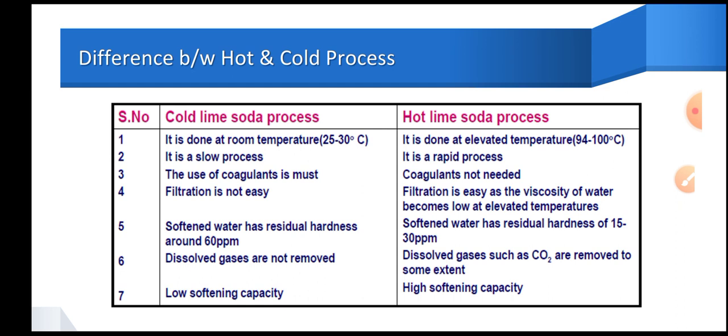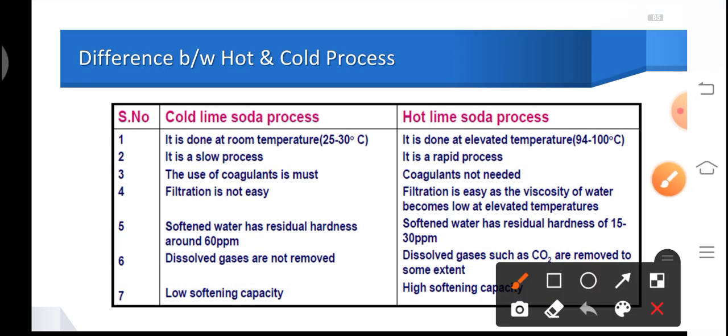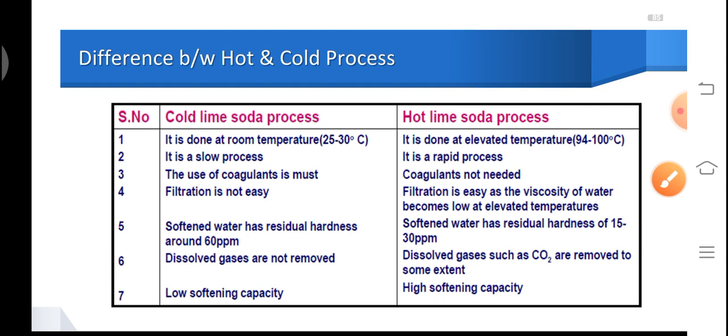Use of coagulant is a must in the cold lime soda process, whereas coagulants are not required in the hot lime soda process. In the cold process, softened water has a residual hardness of 60 ppm, whereas in the hot process only 30 ppm of residual hardness is obtained. Dissolved gases are not removed in the cold lime soda process, whereas in the hot process the dissolved gases are removed. So if we compare cold with hot process, then the hot process is much more efficient than the cold one.